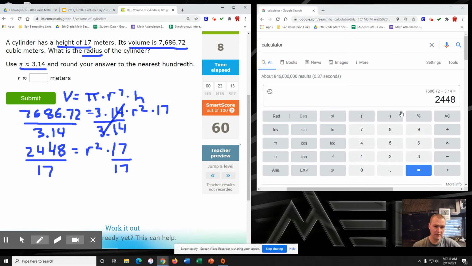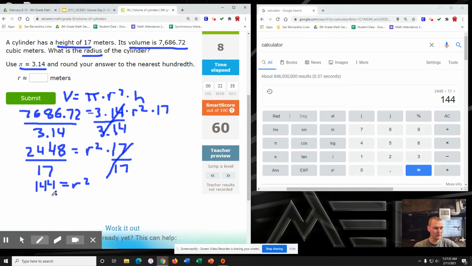So our next step is to go ahead and plug that in the calculator. We got 2,448 divide 17 and 144. So we got 144 equals r squared, and 17s are out.